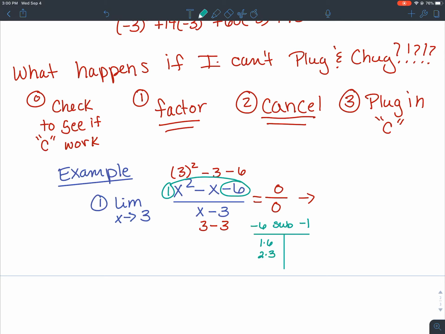Okay, so the way that I can get this is 1 minus 6 is not going to give me 1. So it's got to be 2 and 3. So it's going to be 2 minus 3. All right, so now I have x plus 2 and x minus 3.